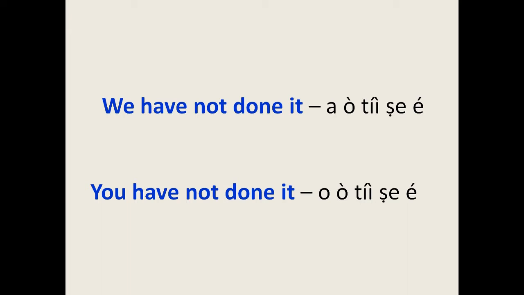We are going to talk about that in some other lesson, but please don't mix it up. We are talking about have as a helping verb here. So I have done it, you have done it. That is what we are talking about here. I hope that is clear. All right. So we go to the next one.